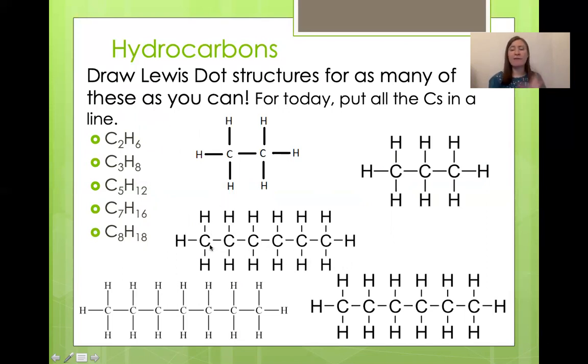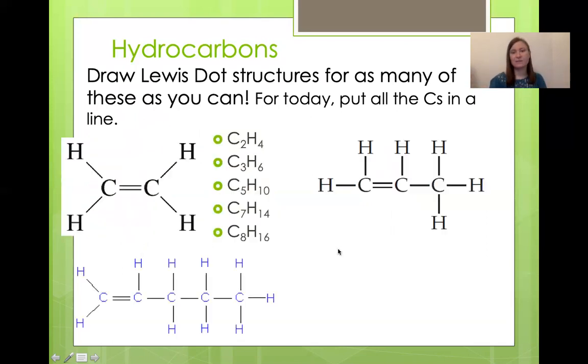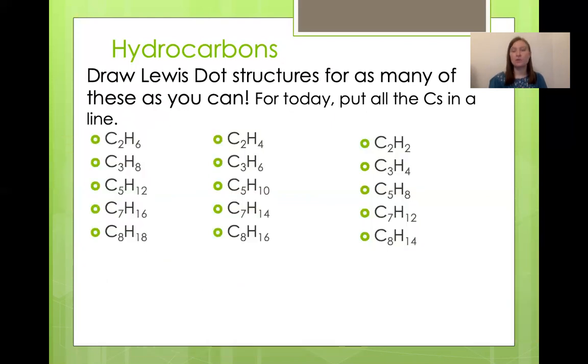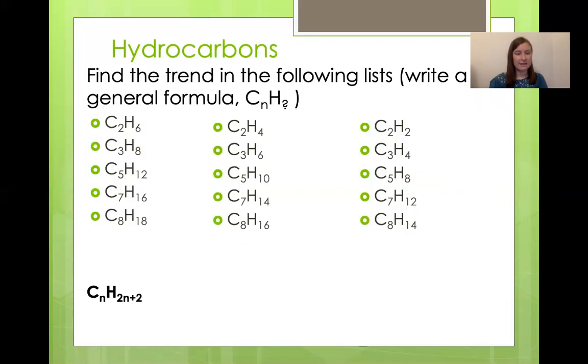So it's kind of like, well, every carbon has 2 hydrogens, but then there's also always these 2 extra hydrogens on the end to make sure that the carbons on the end have 4 bonds. So we could write a formula that looks something like CNH2N plus 2 to show that however many carbons there are, there's always twice that many hydrogens and then plus 2 extras on the end.